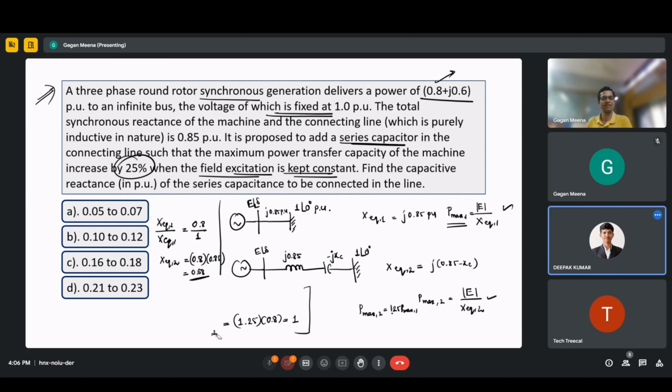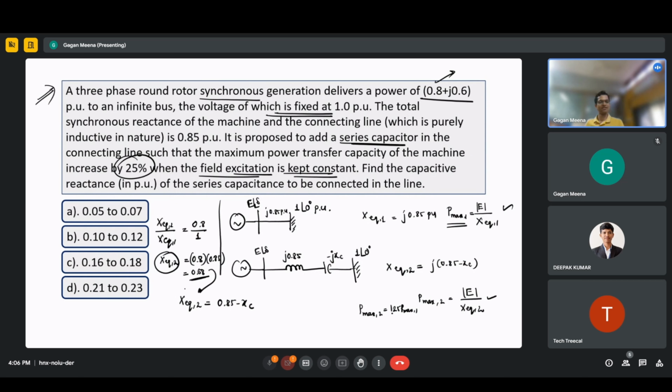XC. Yes. XC will be 0.8. No, 0.08. No, no. How 0.08? This is XEQ2, no? Second. This is equal to 0.85 minus XC. So substitute here and find XC.